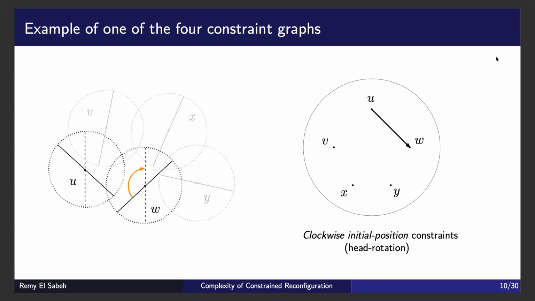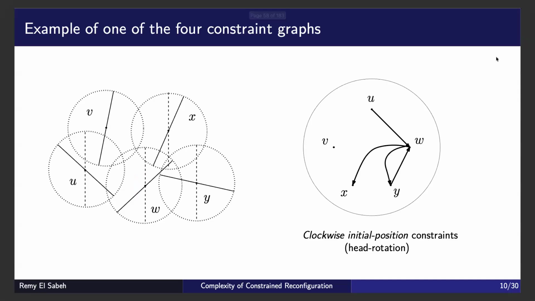So that's why it's a clockwise initial position constraint. And then that requires U to be moved before W. So we have an arc from U to W. So one last thing is that it's W's rotation that caused this constraint to show up. And in that case, that explains why that's a head rotation type of constraint.